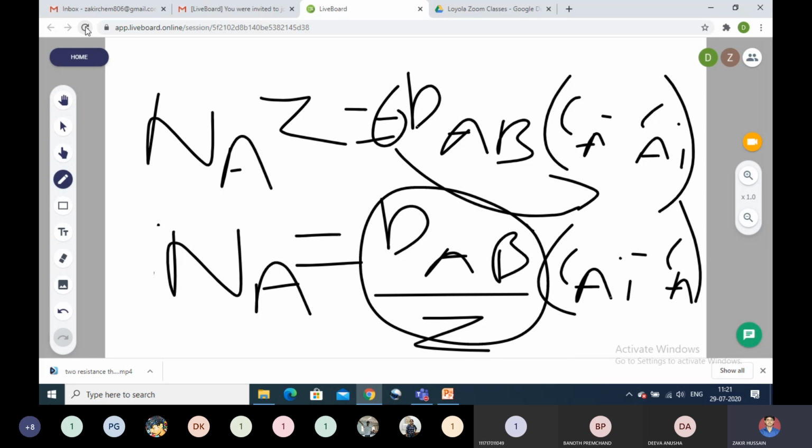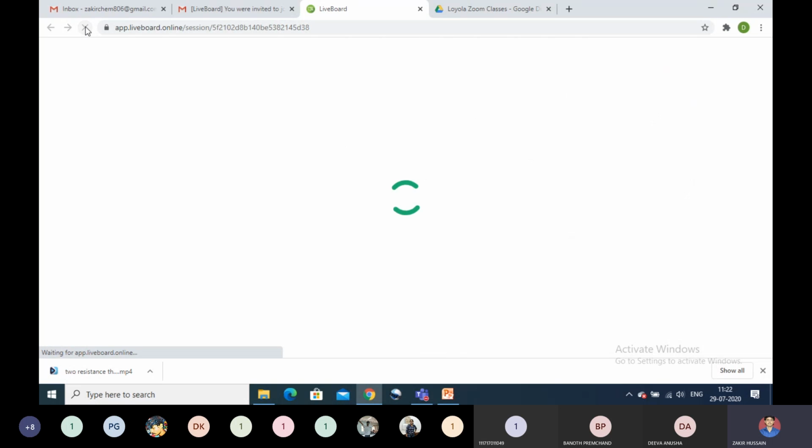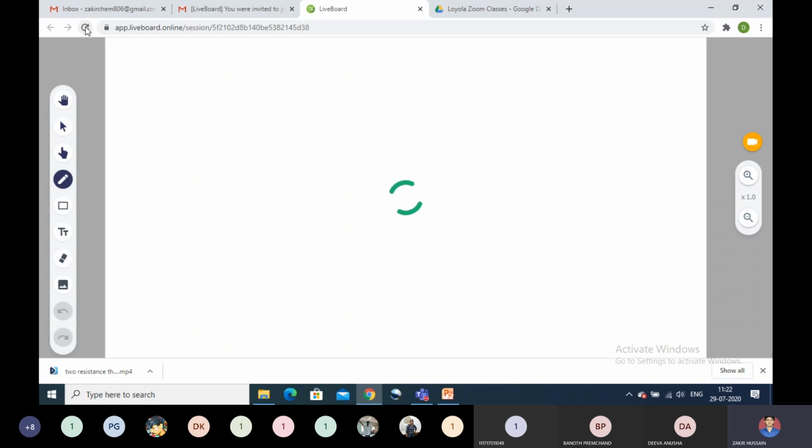Now DAB by Z is nothing but the mass transfer coefficient. Because we are writing for the single phase concentration, we take this as KL, the individual mass transfer coefficient.